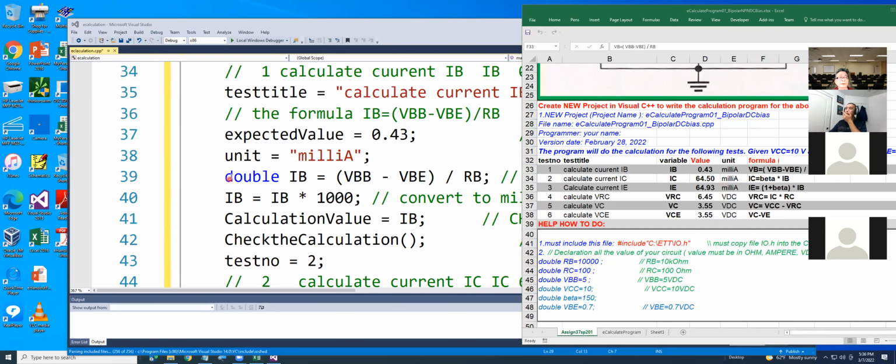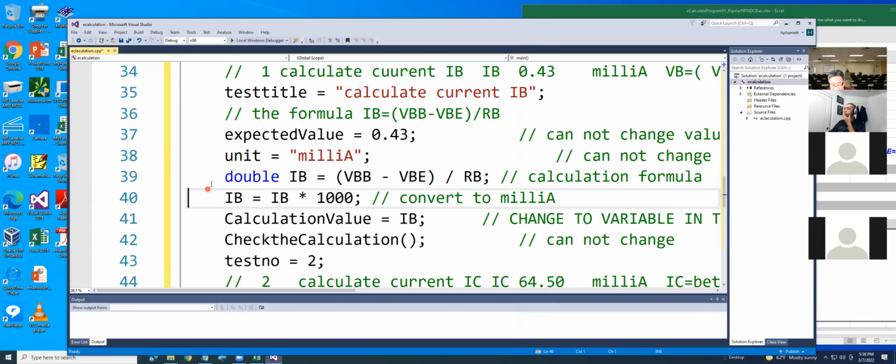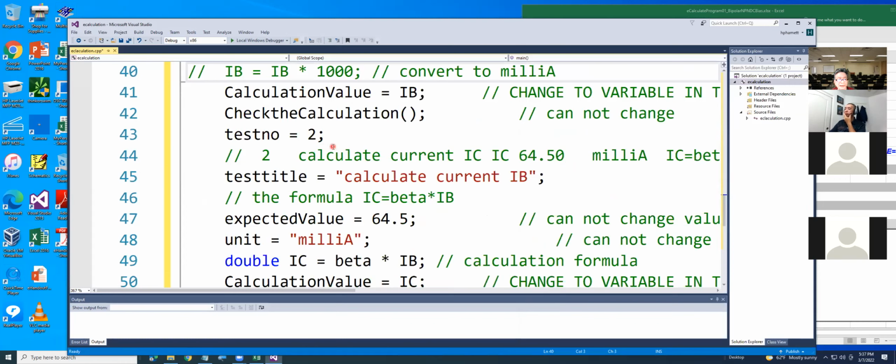Okay, then you can type in IB double equal the formula right here. VBB minus VBE divide RB. I put that in here, comment in here. Okay. So that's done for number 1.